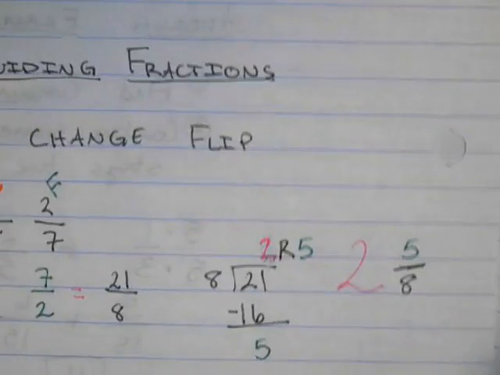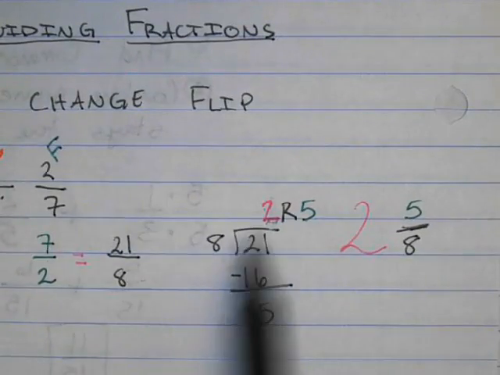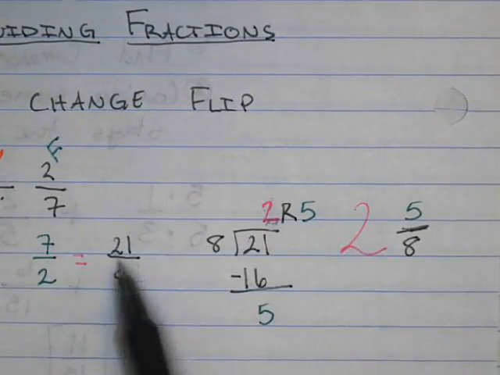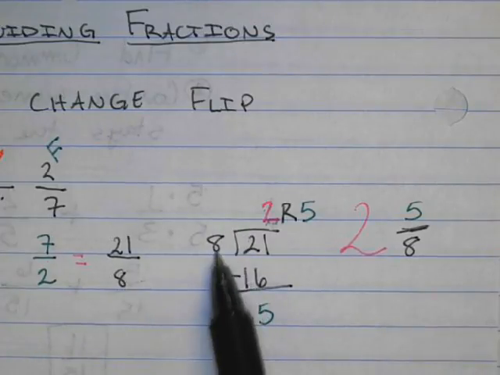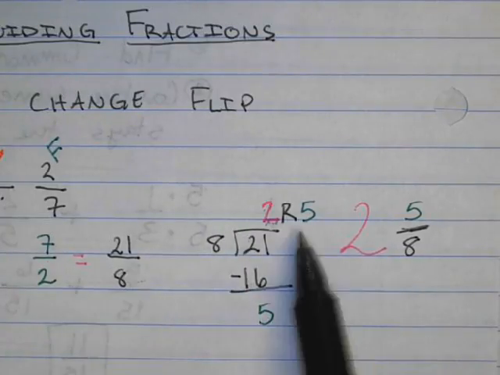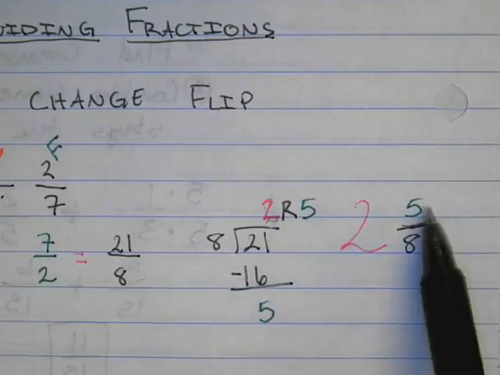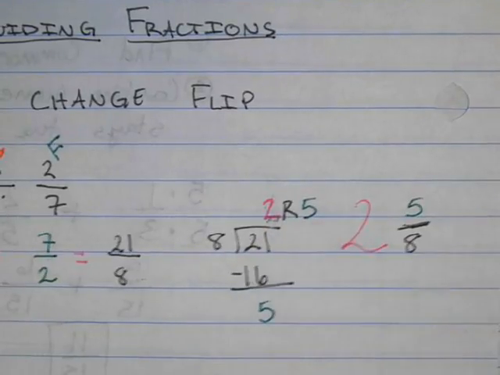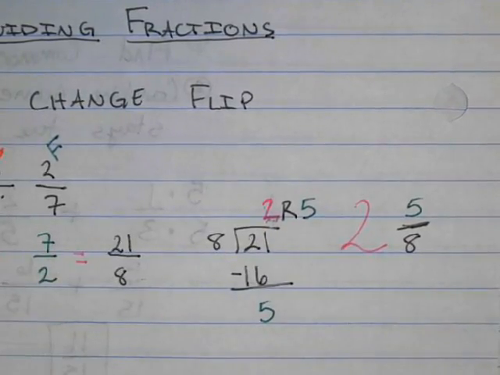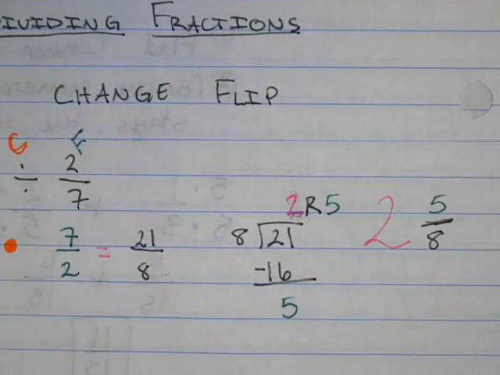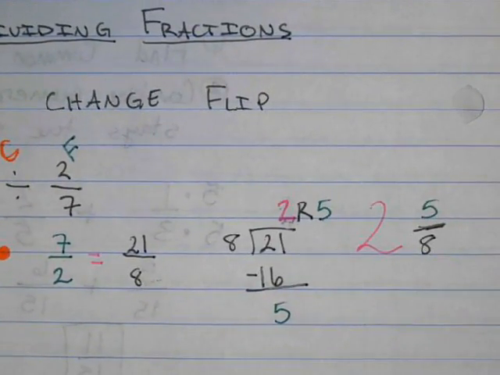Then we use division, 21 divided by 8, and our long division with our remainder goes into our mixed number. So there's our review on fractions. Hopefully you followed along, and hopefully this is helpful when you start using fractions more.